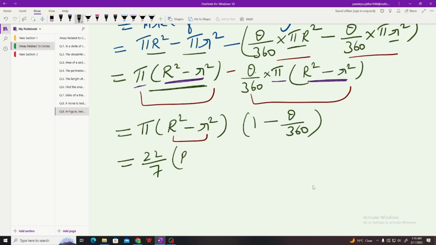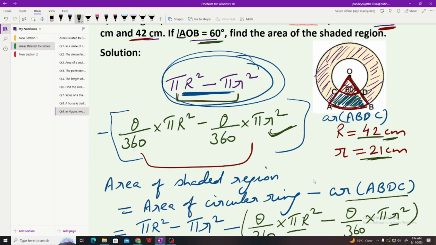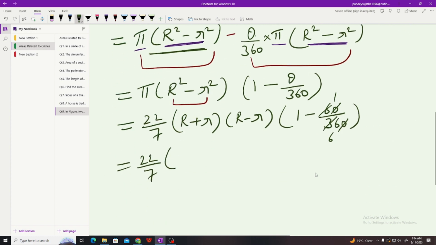So that is R plus r into R minus r. 1 minus, since theta is 60 upon 360. Cancel this. So 22 upon 7, capital R is 42 and small r is 21.